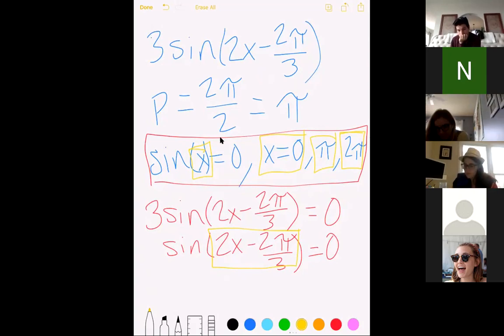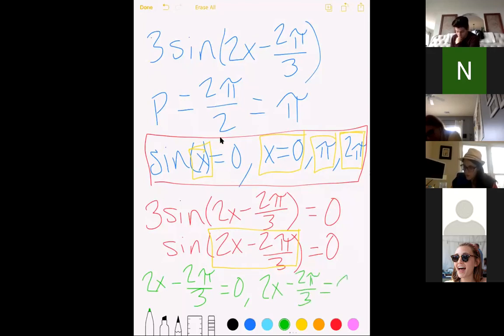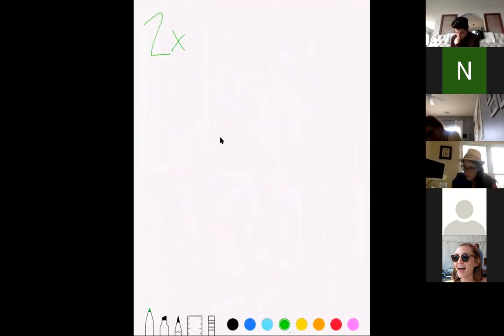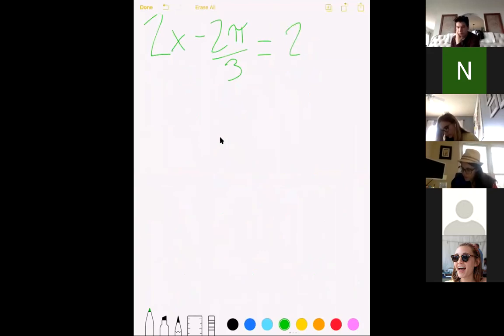So we would have 3 different equations. We'll have 2x minus 2 pi over 3 equals 0. 2x minus 2 pi over 3 equals pi. And I ran out of room. 2x minus 2 pi over 3 equals 2 pi.